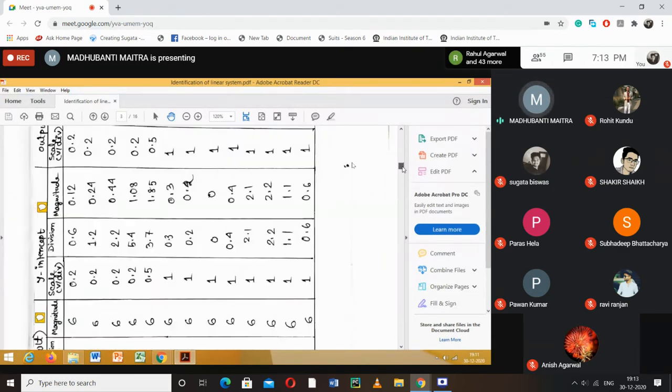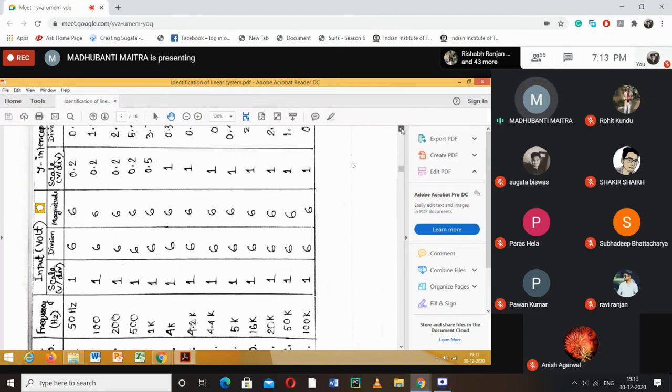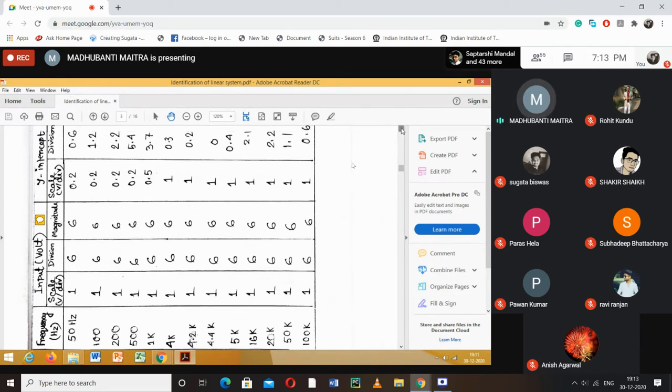Anyway, when the audio frequency is set to 50 hertz, the input magnitude is constant, 6 volt. We'll apply the input signal at the X channel and the output signal at the Y channel, then put the oscilloscope in XY mode.